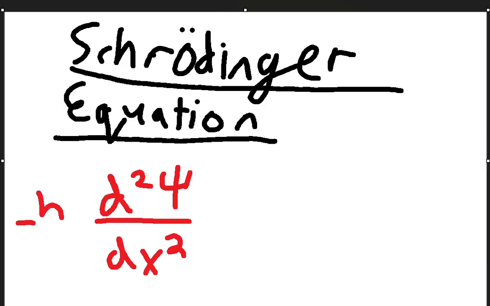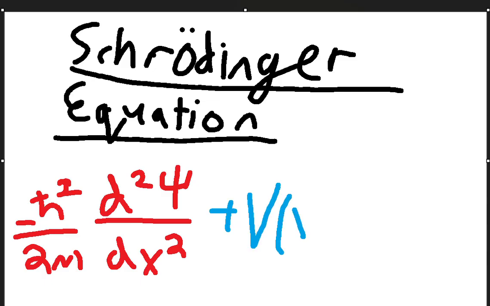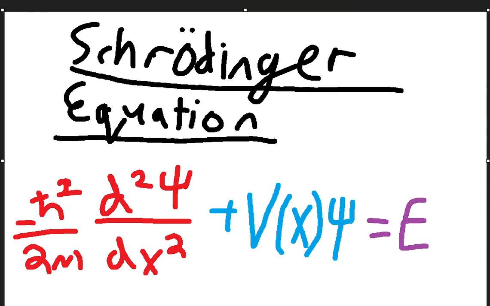Negative h bar squared over 2m, plus v of x times psi is equal to the energy times psi.